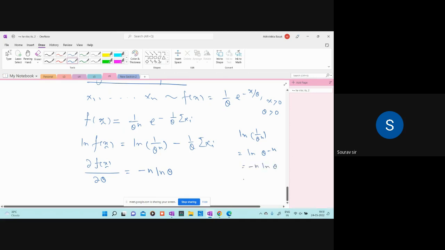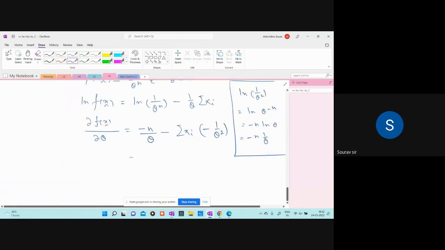Then if I do the derivative, it will give me minus n by theta, minus summation xi times minus 1 by theta square. Then basically it is minus n by theta plus summation xi by theta square.